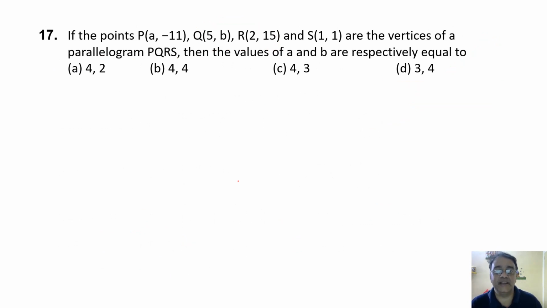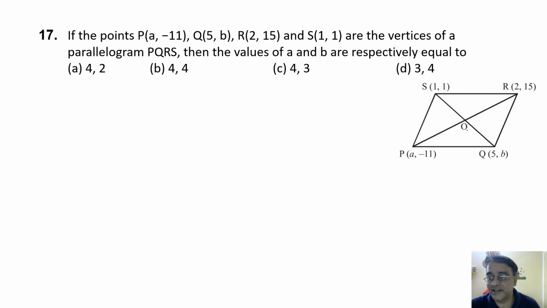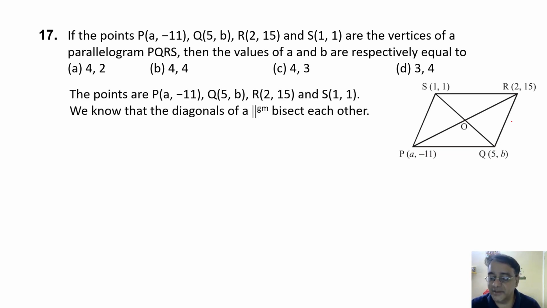If the points P (a, -11), Q (5, b), R (2, 15) and S (1, 1) are the vertices of parallelogram PQRS taken in order, then the values of a and b are respectively equal to. So first let us make a graph figure. Okay, PQRS. Now we know that the diagonals of a parallelogram bisect each other. So O is the midpoint of PR as well as QS.